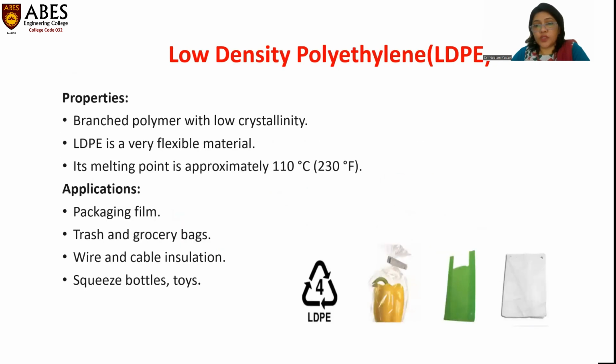What are the major properties of low density polyethylene? They are branched polymers, and so their crystallinity is very low. LDPE is also a flexible material, and its melting point is approximately 110 degrees centigrade. The major applications of LDPE are packaging films.